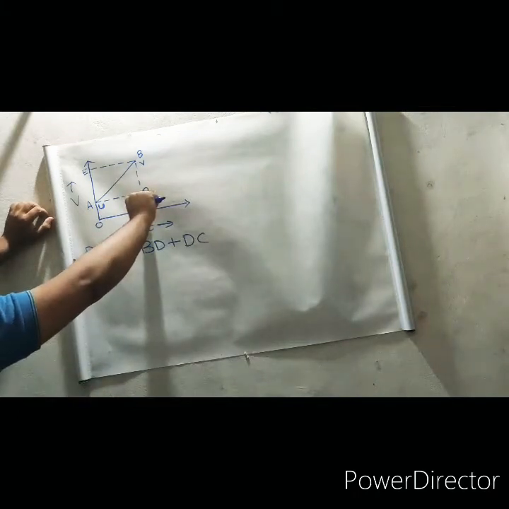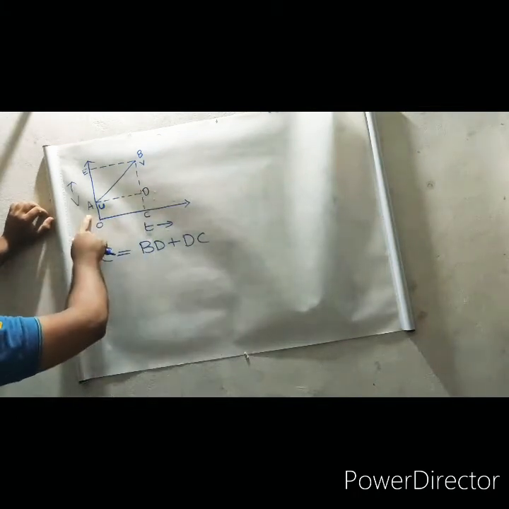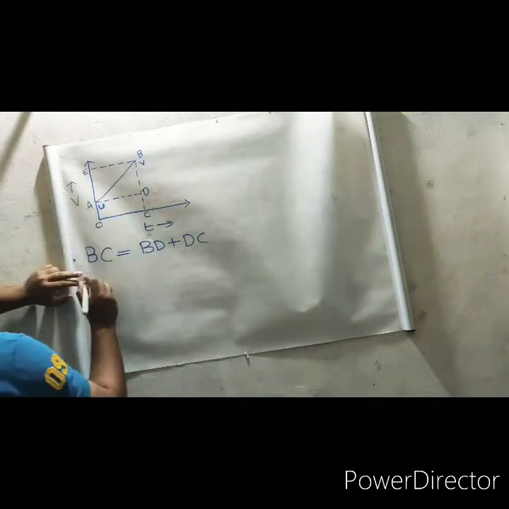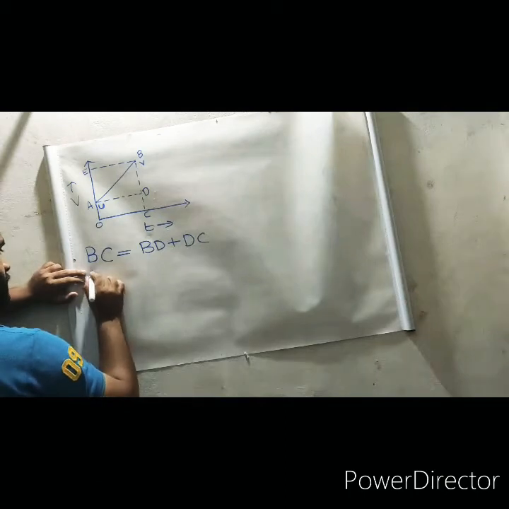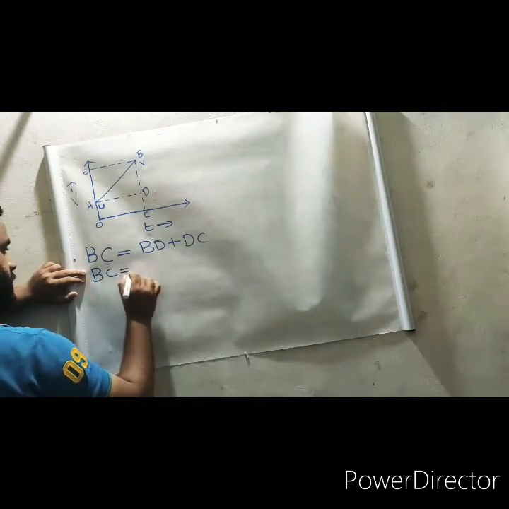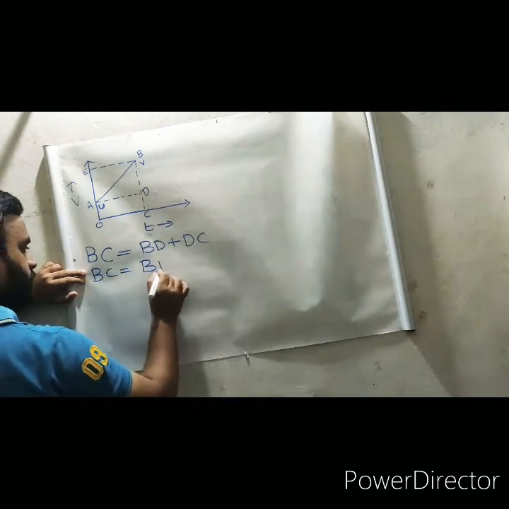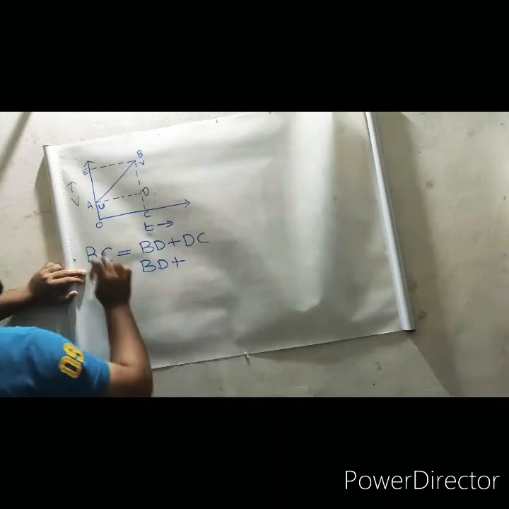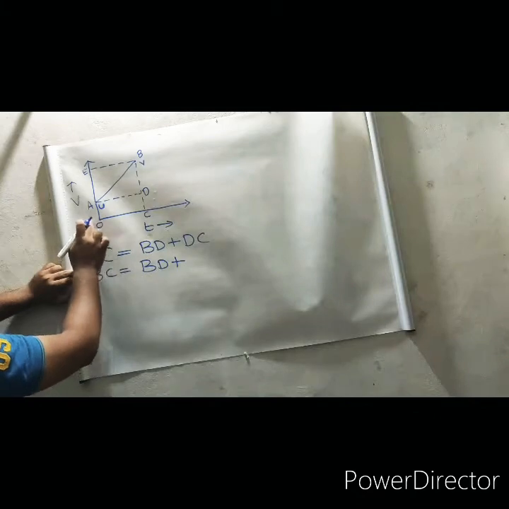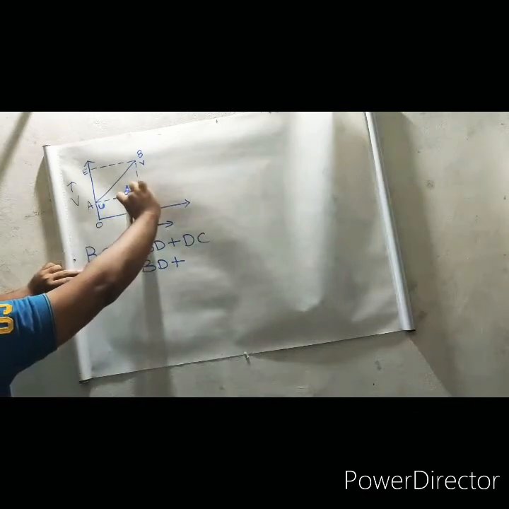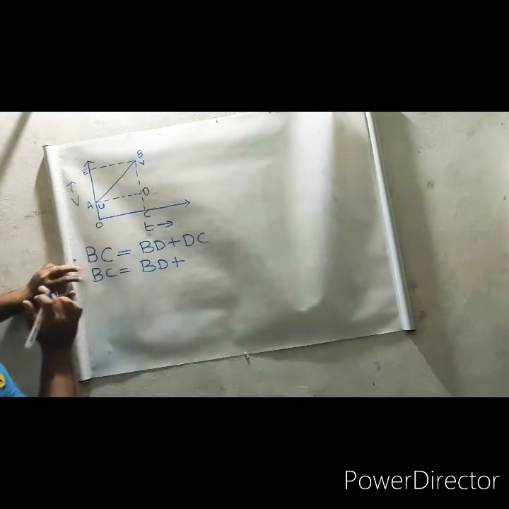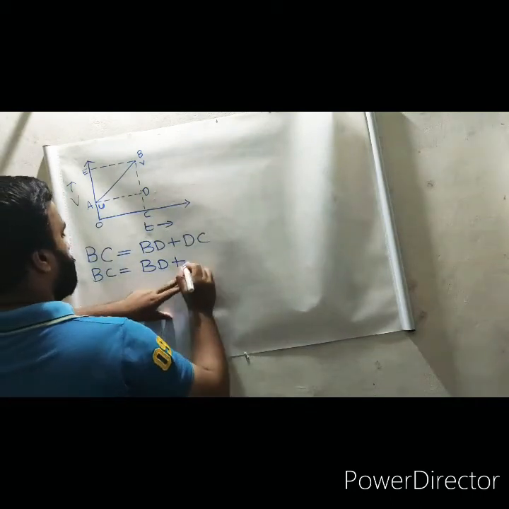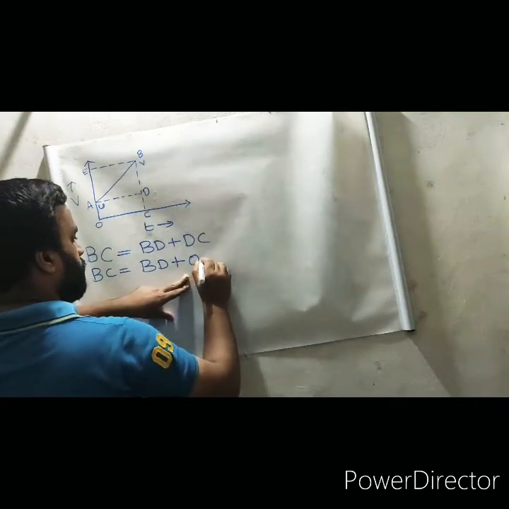This DC is parallel to OA, and both are equal. So we can write BC is equal to BD plus OA, because DC is equal to OA.